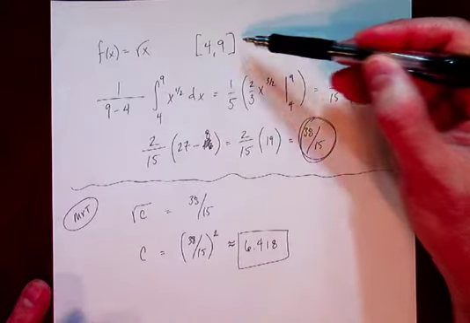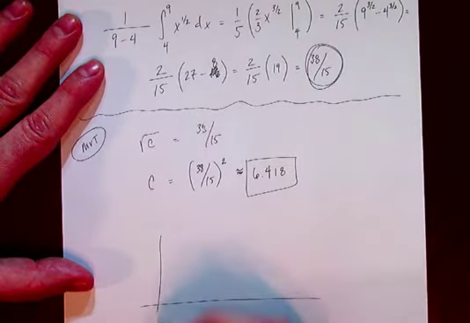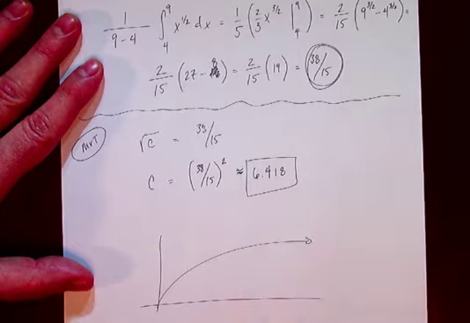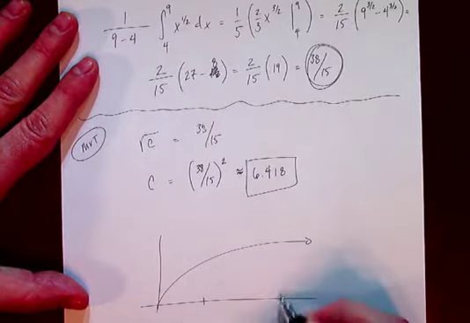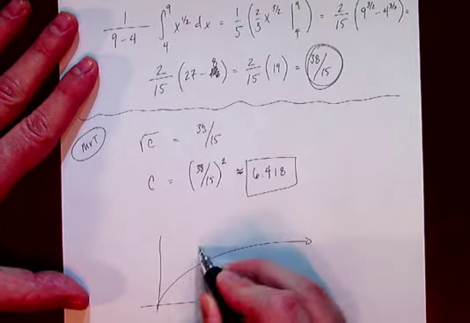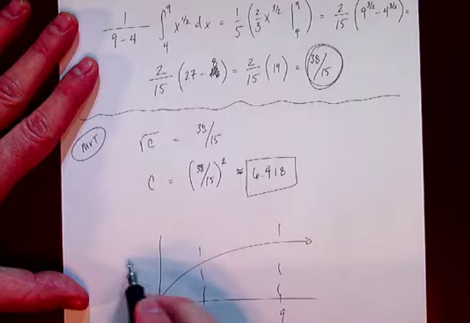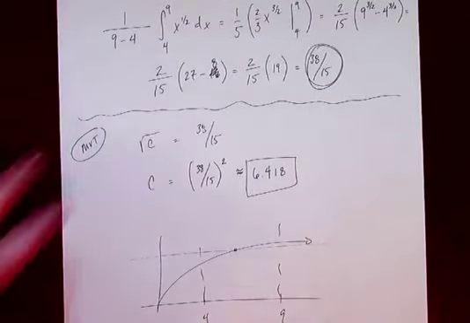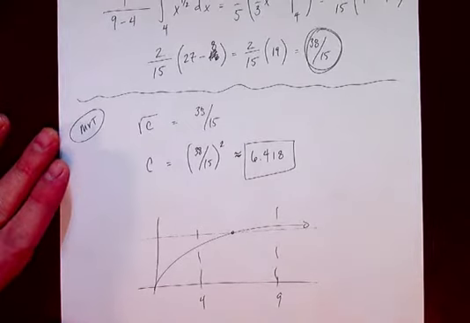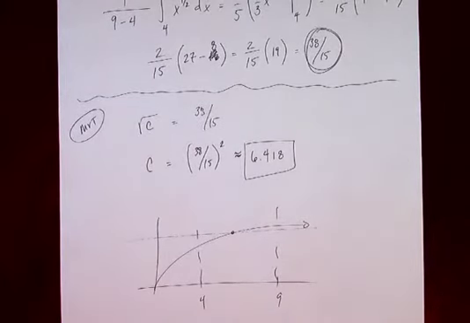That makes sense that there's only one, because remember that the radical function is always increasing. It's not going to dip back down. So if you go from 4 to 9, it's going to be somewhere right about there. All right, let's do another example.